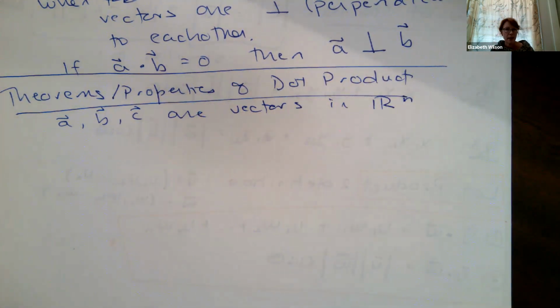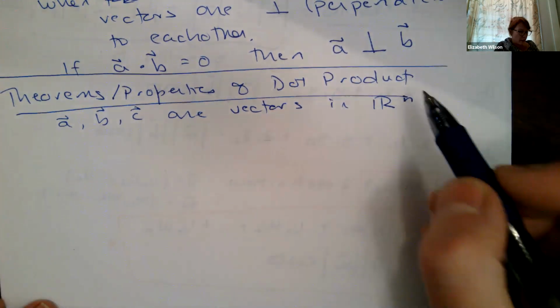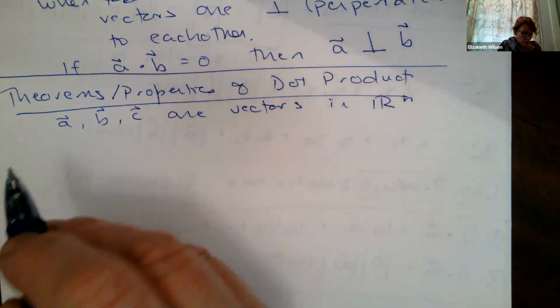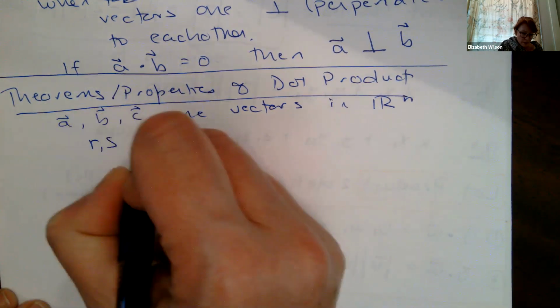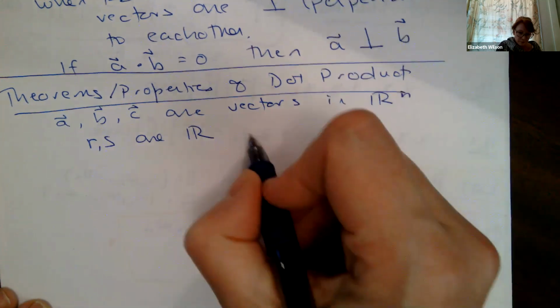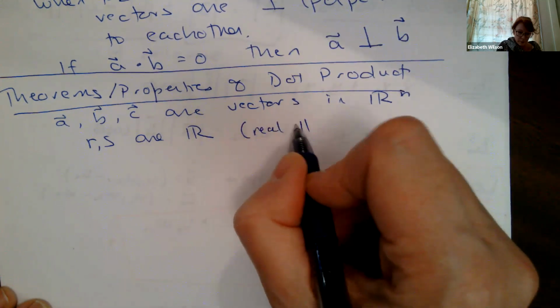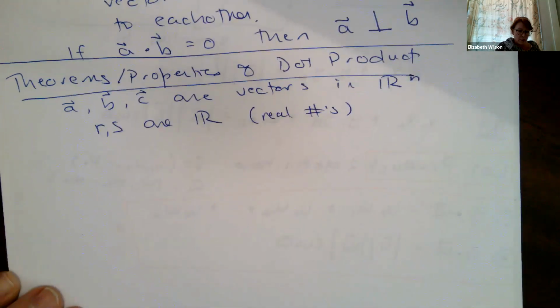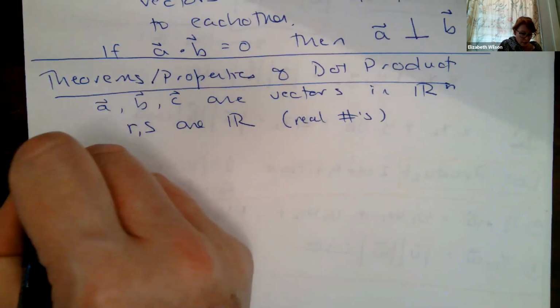The dot product scales up to dimensions higher than 2 and 3, but we'll just specify that as R with n as a superscript. R and S are real numbers.